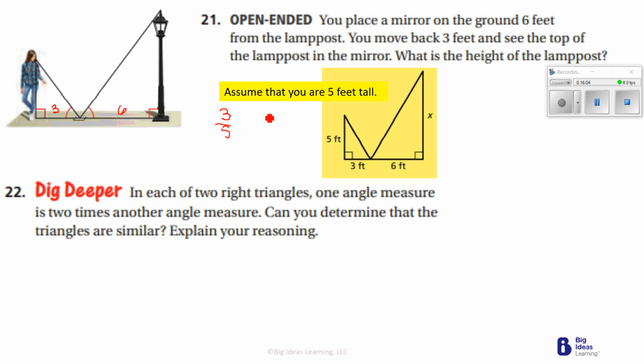So they're asking when it's 6 feet on the bottom, what will x be? Well, again, we have to take 5 times 6, and that's 30. That's going to equal 3 times x, 3x. I'm going to have to divide 3 away from 3x, which means I'll divide it from 30, and that means x is going to have to be 10.